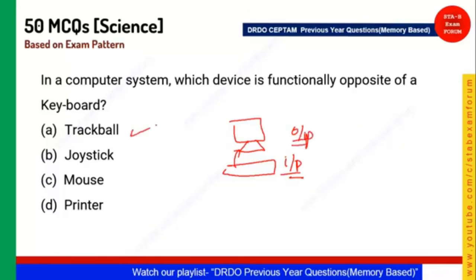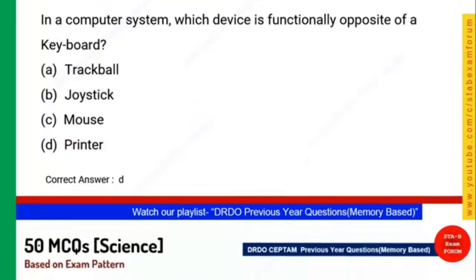Trackball and joystick are also input devices, so option D is the correct answer. This is the output device. Understood? You need to tell the functionally opposite. So the keyboard is the input device, you need to find the output device. Here the printer is the output device.